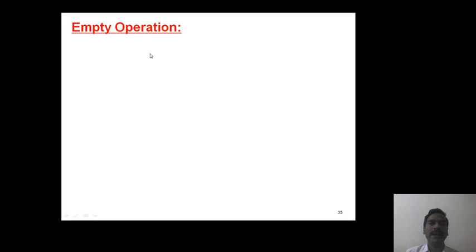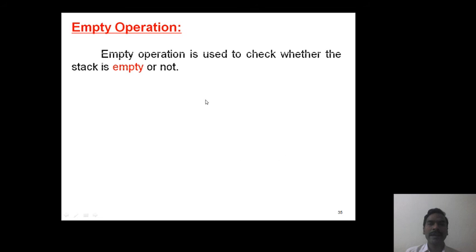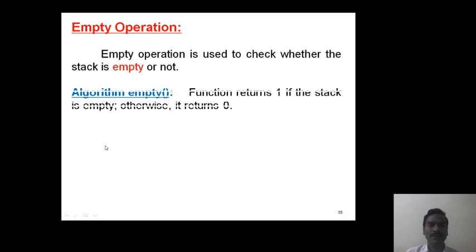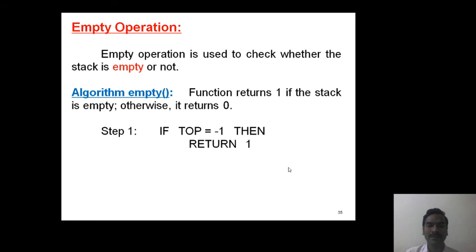Next operation, empty operation. The empty operation is used to check whether the stack is empty or not. Now algorithm empty. The function returns 1 if the stack is empty, otherwise it returns 0. Step 1: if top equals -1, that means elements are not available, then return 1, else return 0. End if.